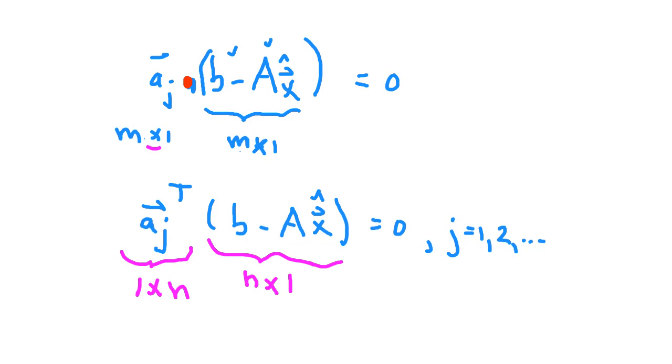So we are taking then, when we write AJ transpose, that's a 1 by m vector, we're multiplying it by an m by 1 vector, that equals 0.